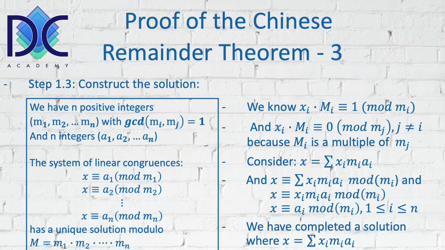So basically, we have completed a solution where we find that x is the sum of the inverse parameters xi multiplied with Mi and ai.